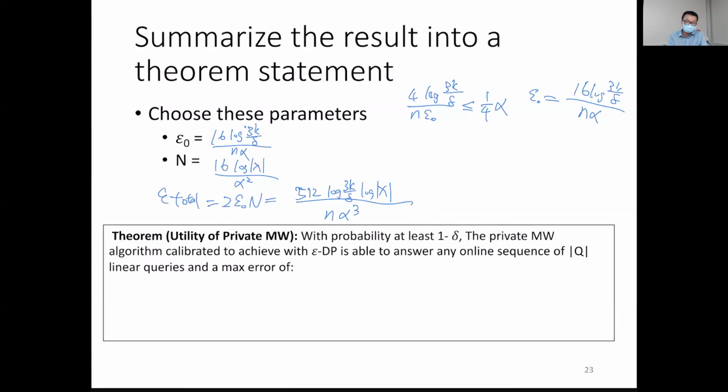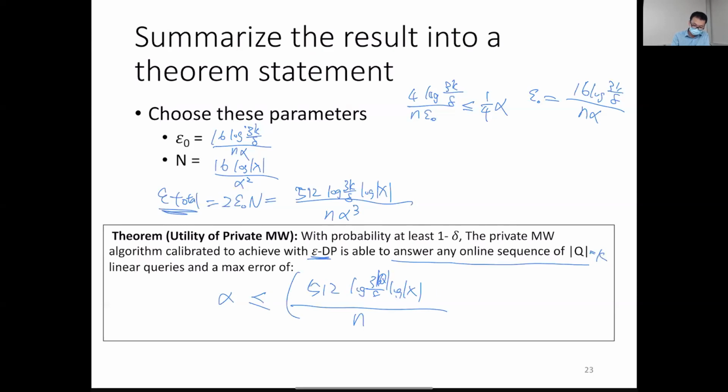So now we can put everything together into a theorem, which says that with probability at least 1 minus delta, the private multiplicative weight algorithm calibrated to achieve epsilon-DP, with epsilon being this epsilon total, and with these parameter choices and with the optimal choice of the learning rate parameter in multiplicative weight, is able to answer any sequence of queries, where |Q| is equal to k, linear queries with a maximum error alpha smaller than 512 log 3k over delta log |X| over n to the power of 1/3.